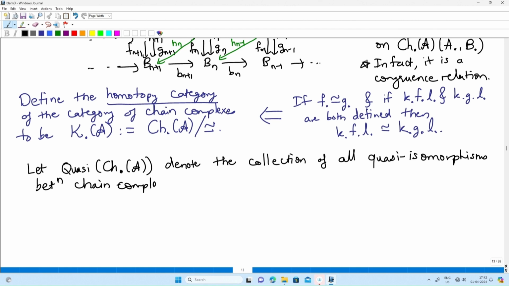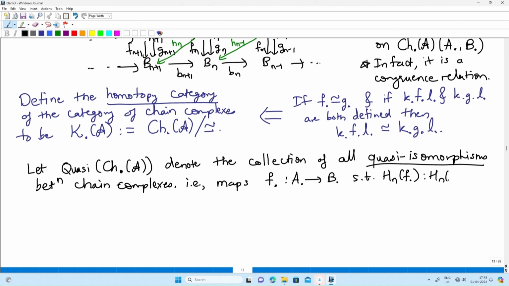I haven't defined the meaning of quasi-isomorphisms, i.e., maps f dot from A dot to B dot such that Hn of f dot, from Hn of A dot to Hn of B dot, is an isomorphism for all n in Z. So the chain maps which induce an isomorphism on homology. These maps are known as quasi-isomorphisms.